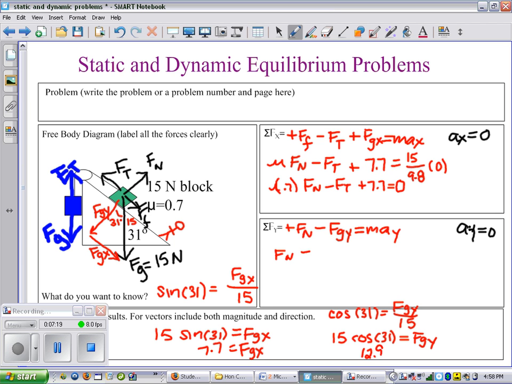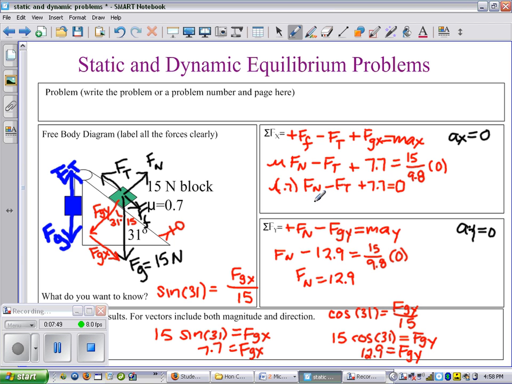Call it 12.9 equals FGY. 12.9 equals the mass, which is 15 divided by 9.8, times acceleration, which is 0, because we want them to be balanced. So this is 0, so I get Fn equals 12.9.